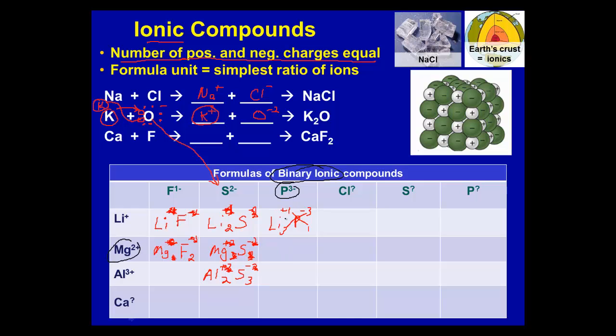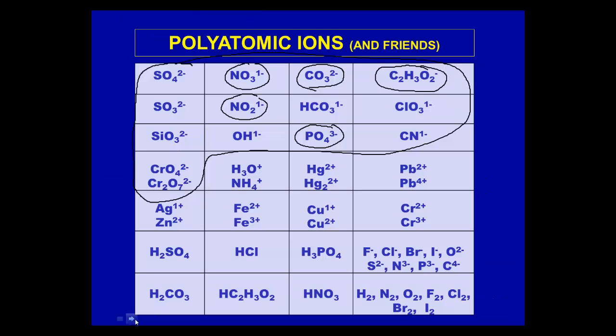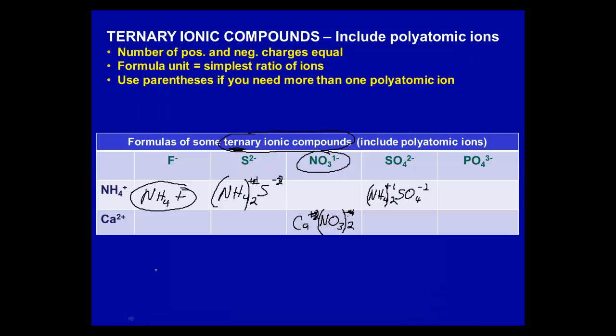And then after that, we looked at polyatomic ions. We discussed the concept of this being one entity. It really sticks together. NH4, all those atoms stick together pretty well. You can break them apart with super high heat or something, but usually they stick together. We talked about our future, where we'll have a chance to memorize these. And then we put together some ternary ionic compounds in which, if we had more than one polyatomic ion, we needed parentheses.